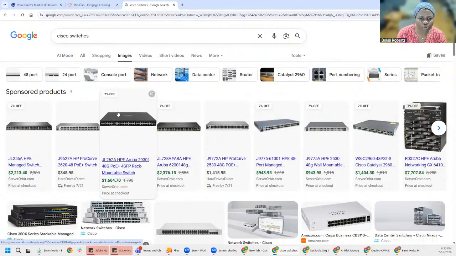48 switch ports. What you could do is to configure the switch to say, hey, this switch port 1, say gigabit 0/1, you are only allowed to connect to the MAC address of the router. So you configure it to only allow access to the MAC address of the router. Then let's say port 5 to the MAC address of this server. That's port security.